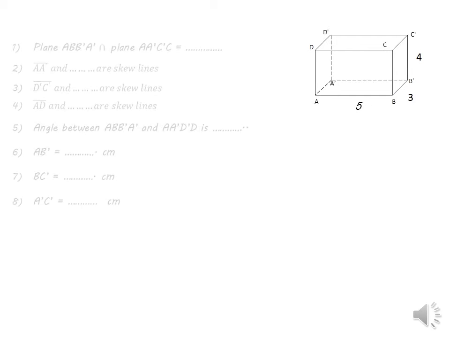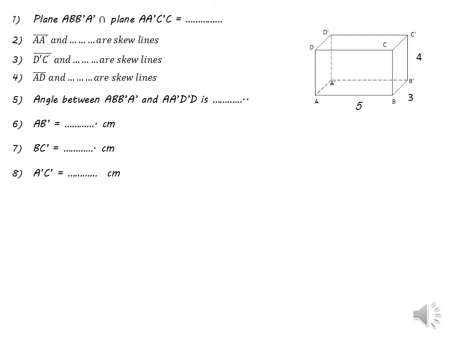Using the opposite figure, try to find the intersection between the plane AA'B and AA'C'C. The intersection, of course, will be a line, and it will be AA'. AA' and another line are two skew lines.